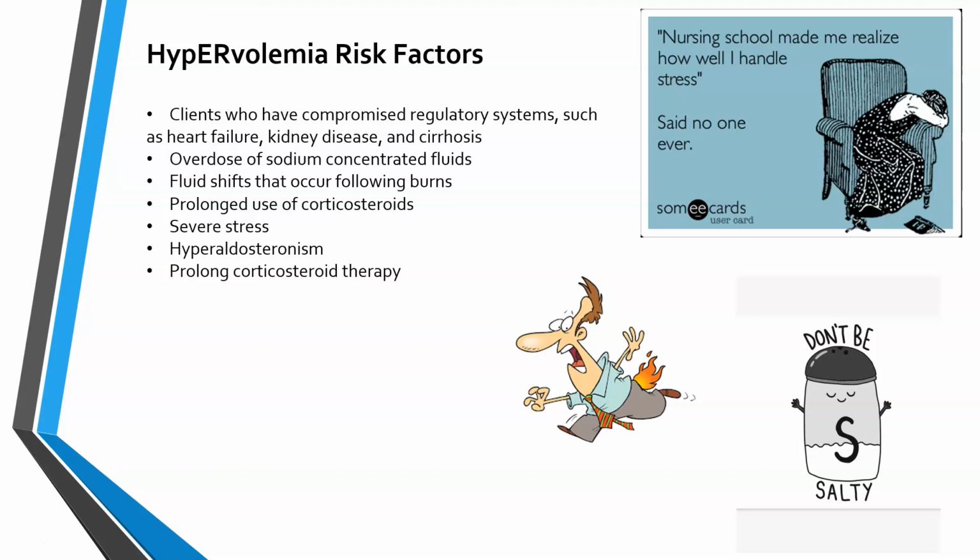And in terms of severe stress, that has a lot to do with the stress response in the body and the hormones that actually are released during stress have the same reaction as, say, corticosteroids, and so therefore it will hold on to fluid.